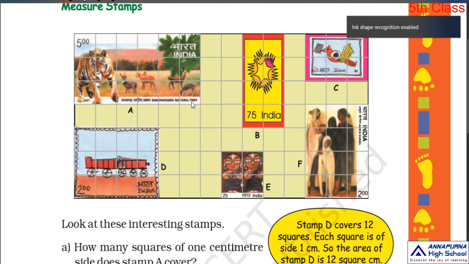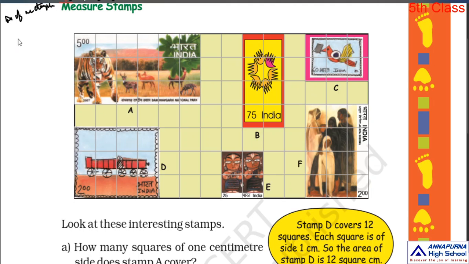To find the area, what are the things we need? Length and breadth, isn't it? In the previous class we already learned the area of a rectangle. What is the area of a rectangle? Length into breadth, isn't it? Each square is of side 1 centimeter.